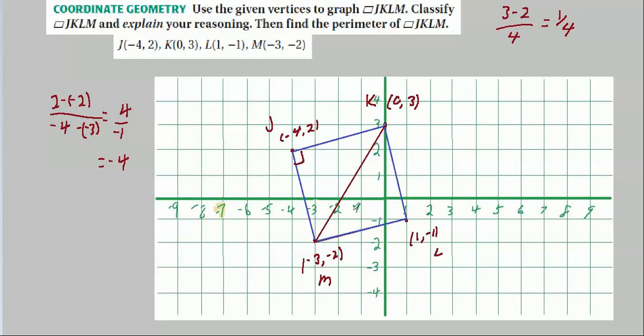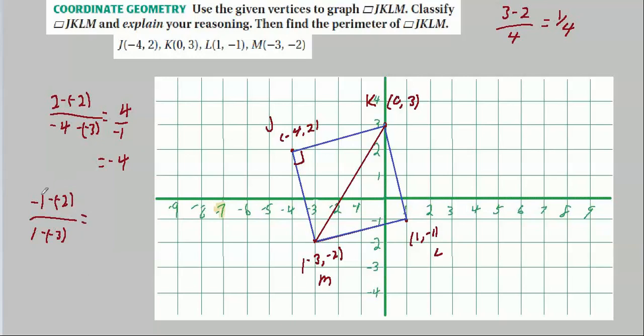Let's check it. We get minus 1 minus negative 2, and it's over 1 minus negative 3. This is already starting to look like we're going to get the answer we want.